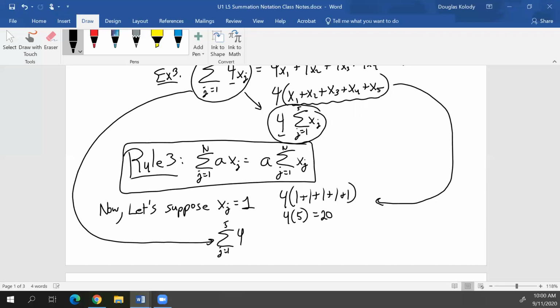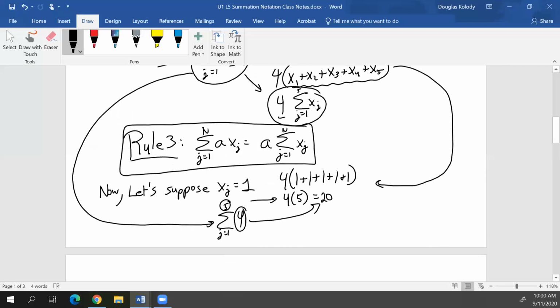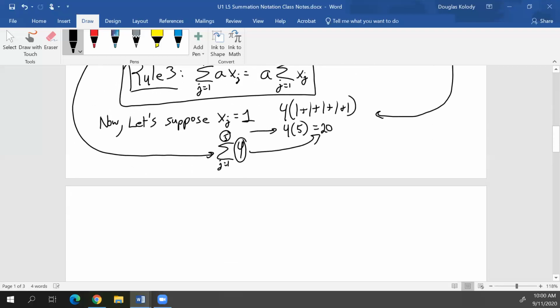So what did I do to get from here to there? All that I did was I took the constant and I multiplied it by, wait for it, the upper limit, right? 4 times 5. That's right. I did it right there. That's it, ladies and gentlemen. I know this seems a little weird. I have a whole bunch of arrows going on here, and it does go a little smoother in person, but I bring you to rule number 4.